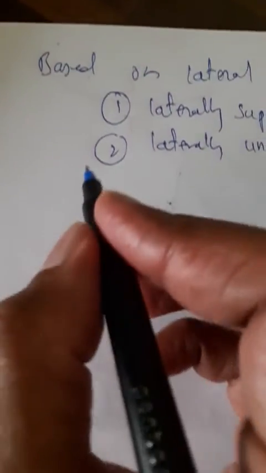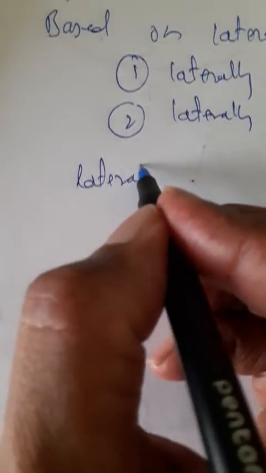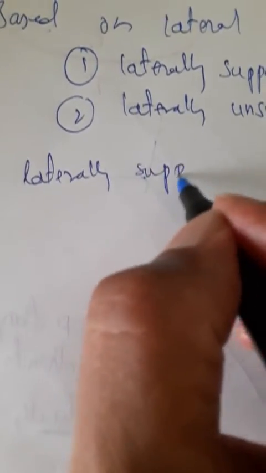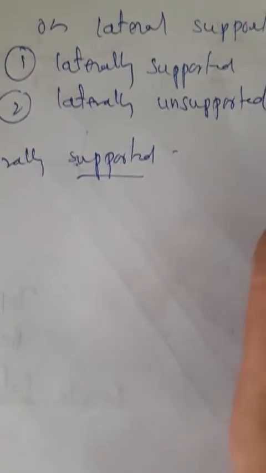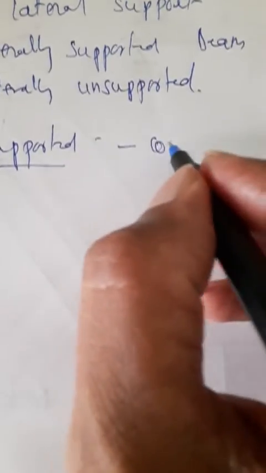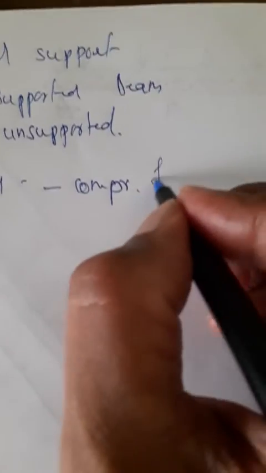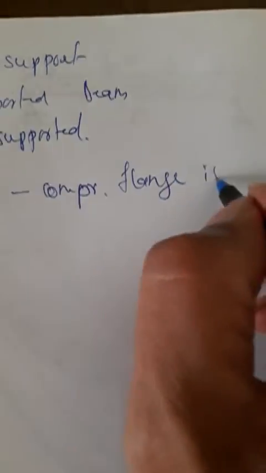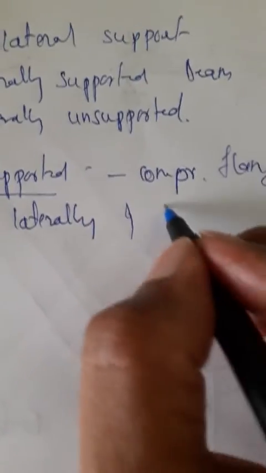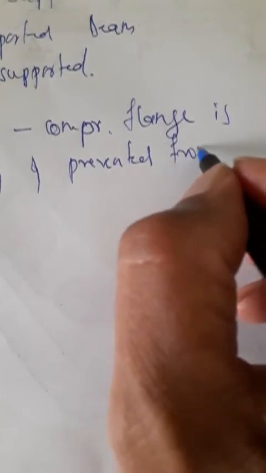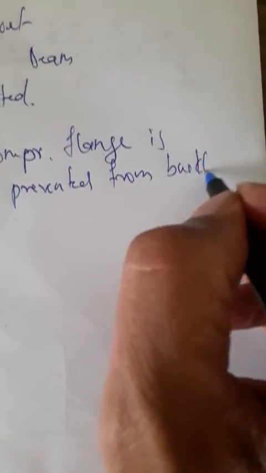So what do we mean by laterally supported? Laterally supported: when the compression flange is laterally supported and prevented from buckling, this type of beam is called a laterally supported beam.